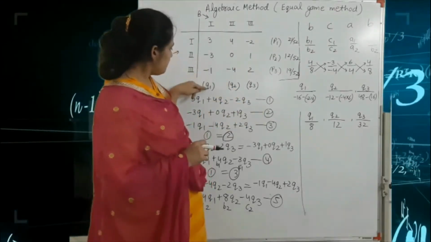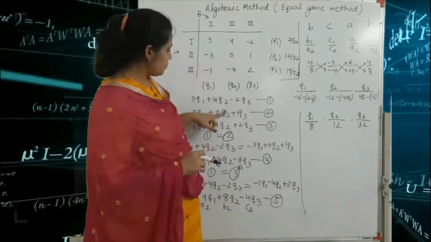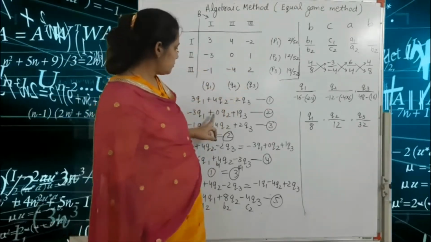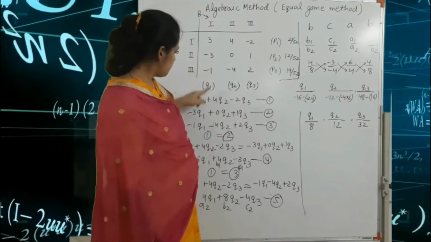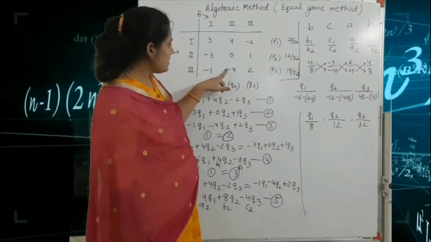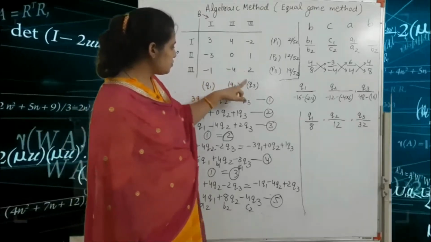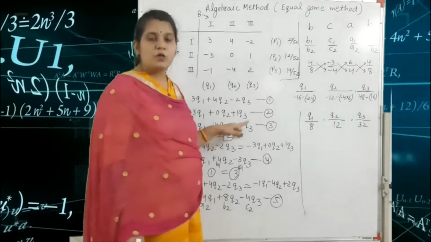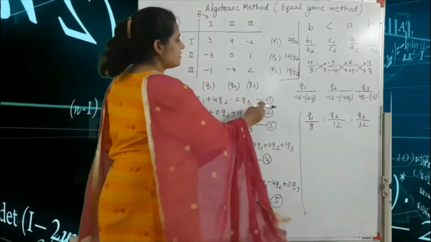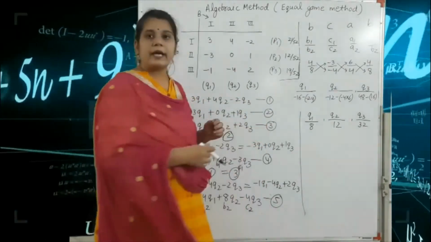Minus 3Q1 plus 0 into Q2 plus 1 into Q3. So this is our second equation. Third is minus 1Q1 plus minus 4Q2 plus 2Q3. So we write here minus 1Q1 minus 4Q2 plus 2Q3, and write here the equation numbers 1, 2 and 3.